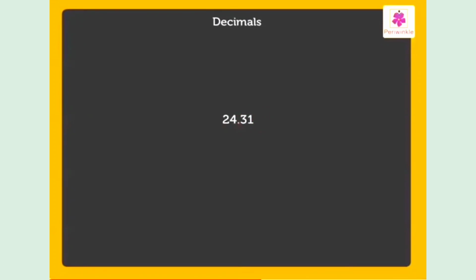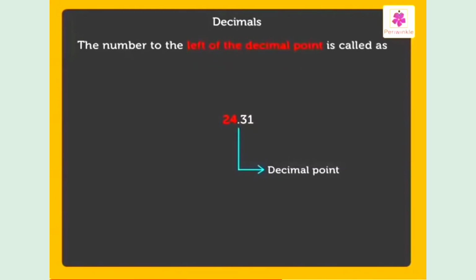Let us see what these parts are. Consider the decimal 24.31. The dot in between 24 and 31 is called the decimal point. The number to the left of the decimal point is called as the whole part or integral part.